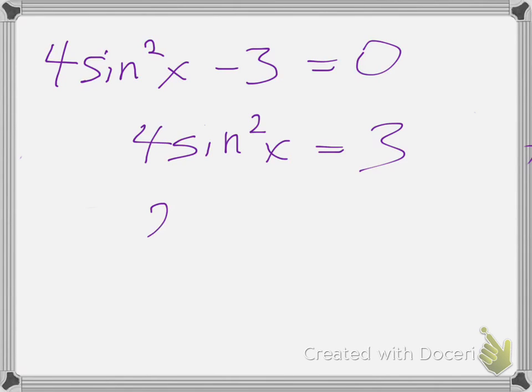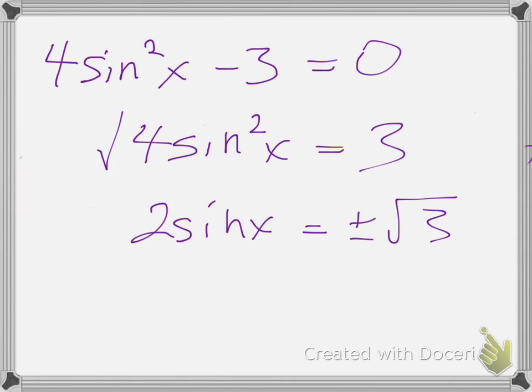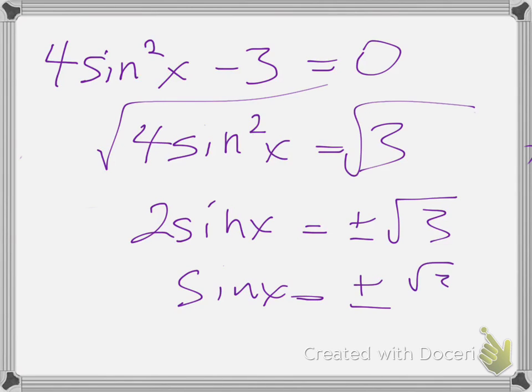Square root property, 2 sine of x equals plus or minus the square root of 3, and then divide by 2, because we're square rooting things, right? And the plus or minus comes into play from the square root property. All right, and then, of course, again, sine x would be plus or minus the square root of 3 over 2, and we're in the same place.